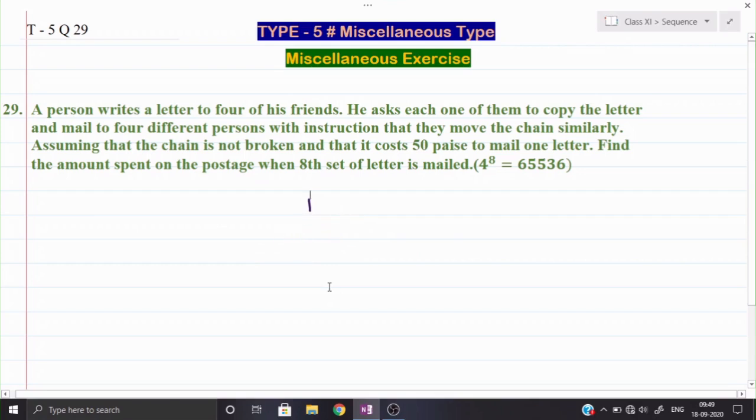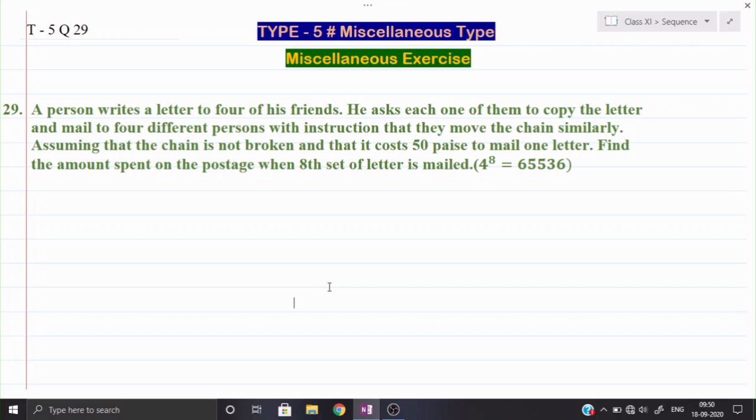Okay, so we need to find out here further. They are saying with the instruction that they move the chain similarly, assuming that the chain is not broken and that it costs 50 paise to mail one letter. Means the cost of one letter is given here, 50 paise. Find the amount spent on the postage when the 8th set of letters is made. Means the chain is going up till the 8th level.